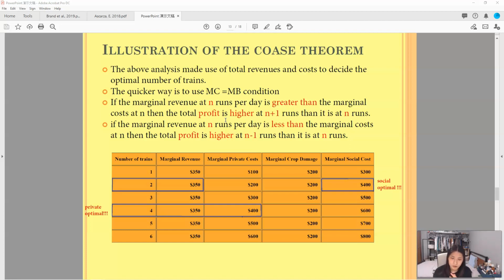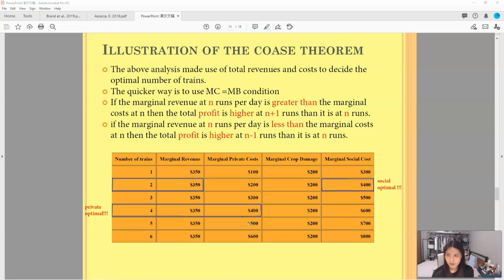I think you should be very familiar with this condition. But how about if this condition does not exist? For example, in this table, I cannot find anywhere that the marginal revenue is equal to marginal costs, like 350, 300, 350, 400, 350, 500. They cannot be equal to each other at any level, right?